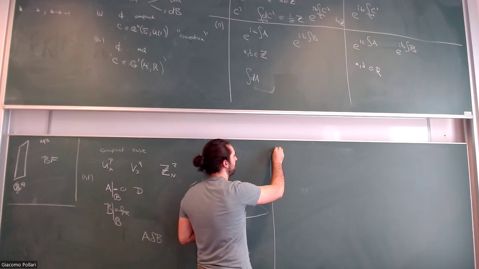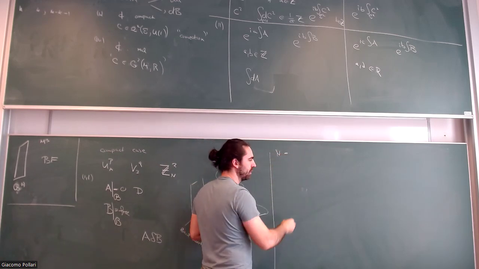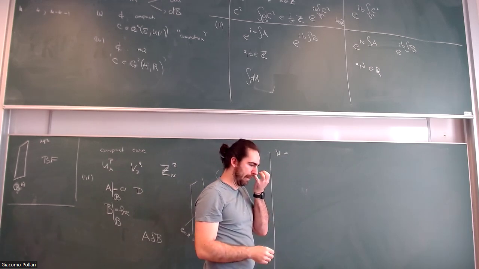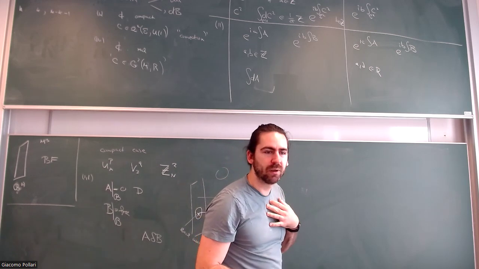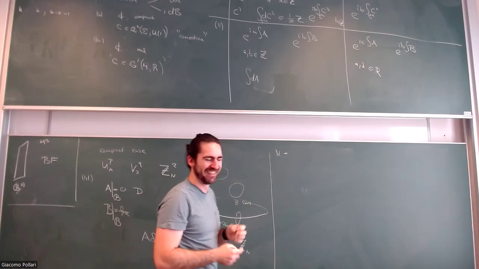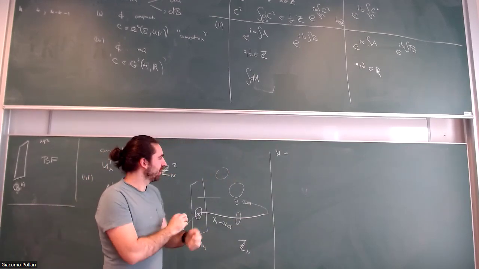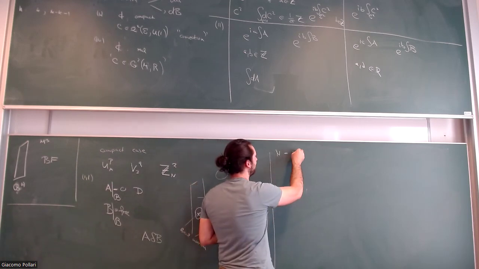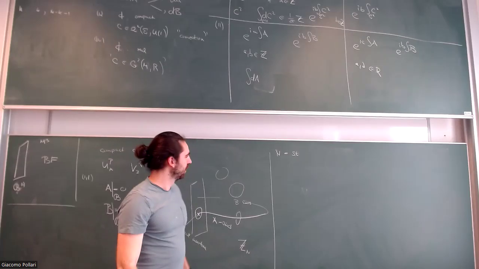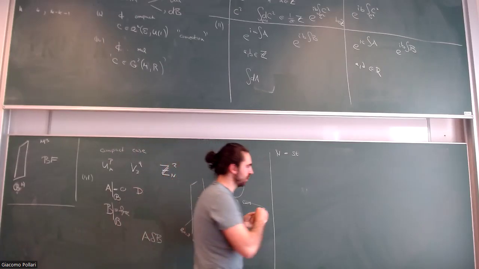If n is not prime, if n is, I don't know, p times q, let's take it to be 2 times 3, just to be concrete.